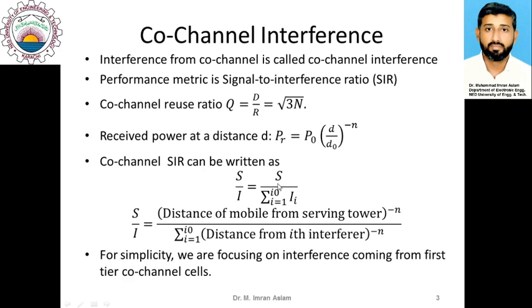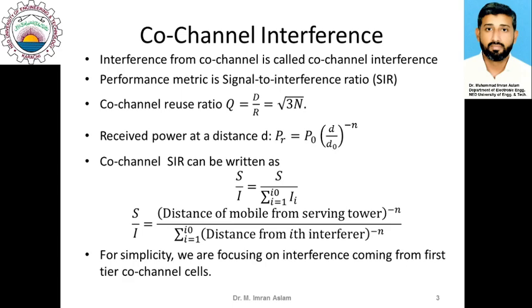This is the generalized expression and can be used to calculate signal to interference ratio at any point, in any system, or for any mobile equipment. However, in order to make some useful conclusions from this expression, we want to slightly simplify it by making some assumptions.